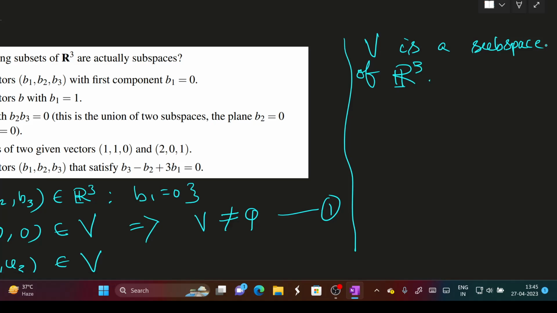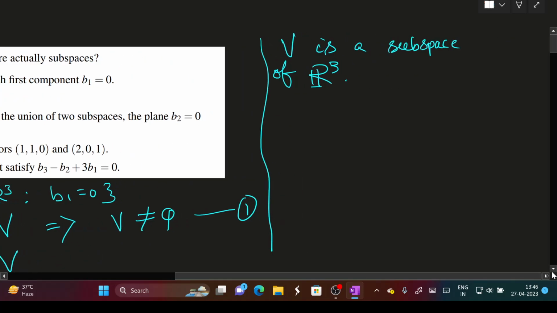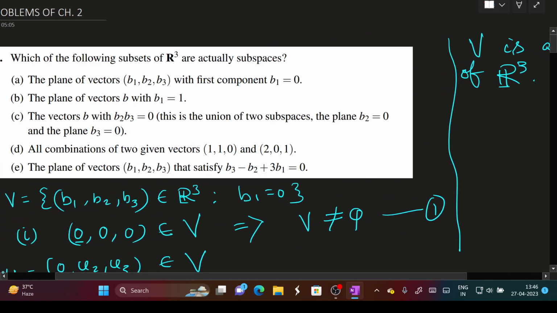Here one observation is, to prove V is a subspace of R^3, we have to prove it for generalized elements, not any particular example. We have to prove it through general elements. But to claim that it is not a vector space, just one counterexample is sufficient.